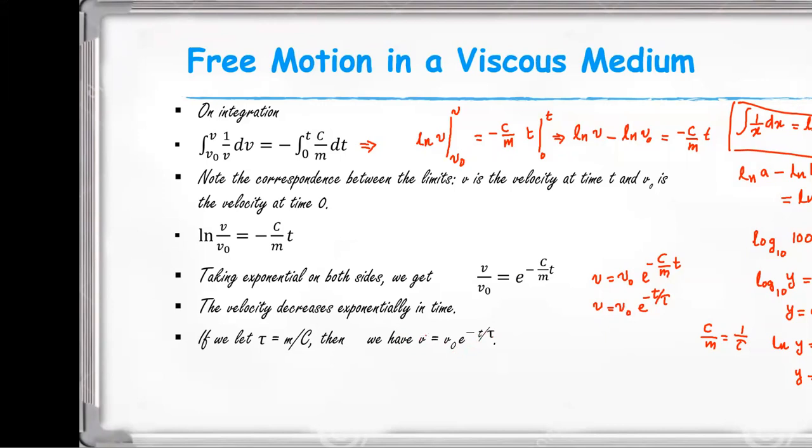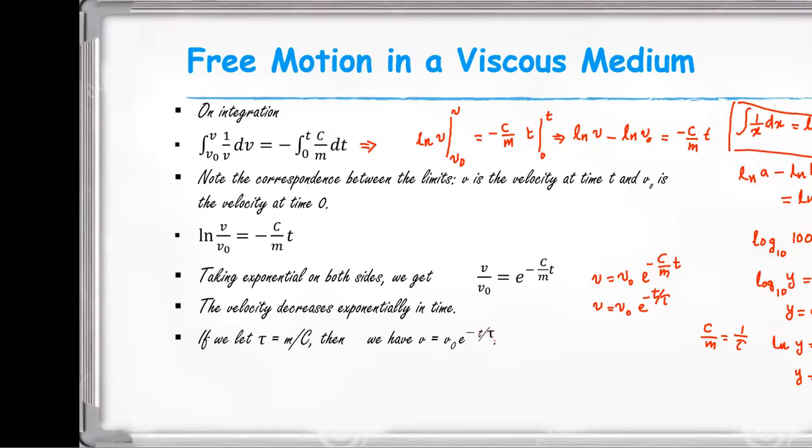Here, when we look at this expression, v is equal to v0 e raised to minus t by tau, this is time t and it is the tau.